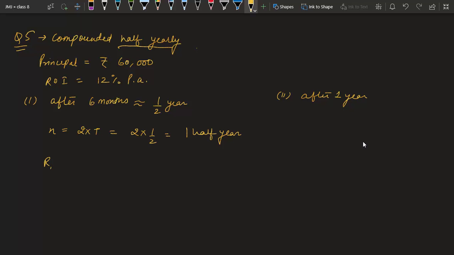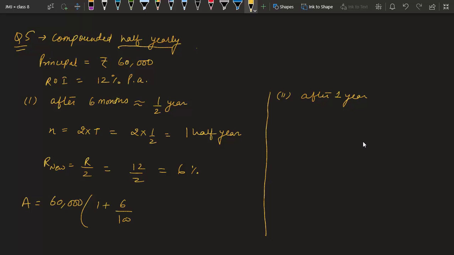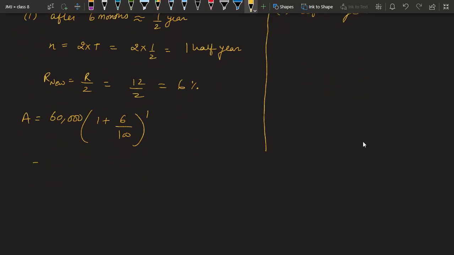Similarly, the new rate of interest will be the previous upon 2, that is 12/2, 6% in a half year. So we are finding the first case. Let's find the amount with the formula. P is 60,000, (1 plus R which is 6/100) whole power n. N is 1. So let's solve this further.